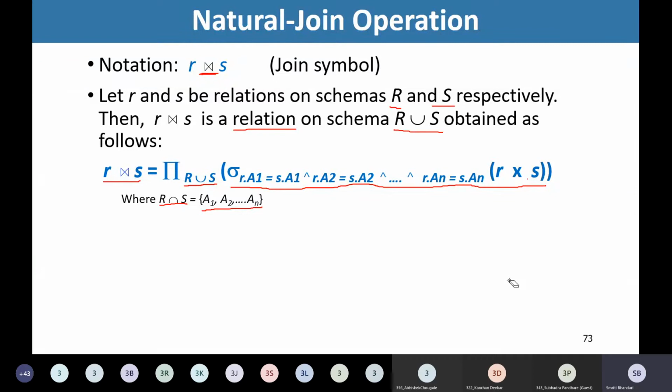Do you remember this discussion? Many students were absent in the last session, and I guess due to not understanding the earlier discussion, you are not able to understand this operation of natural join, because natural join is based upon the Cartesian product.